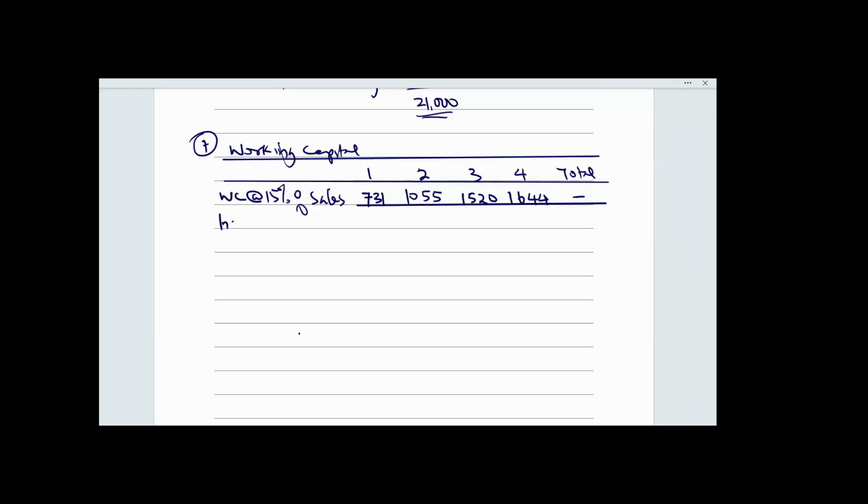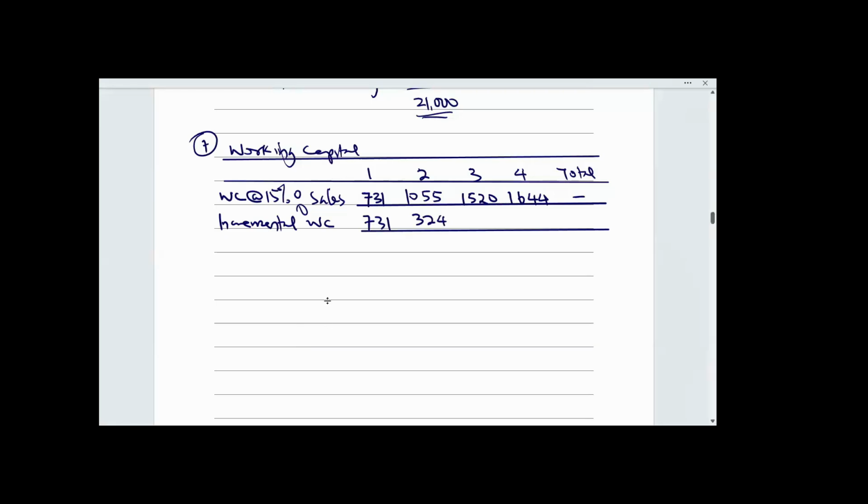So I would then say incremental working capital. The first year working capital is 731. 731 increased to 1055, so 1055 minus 731 equals 324.